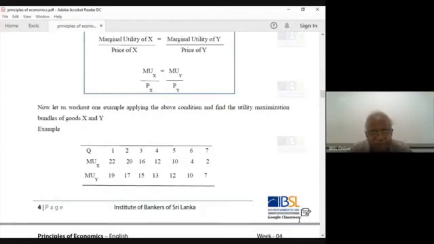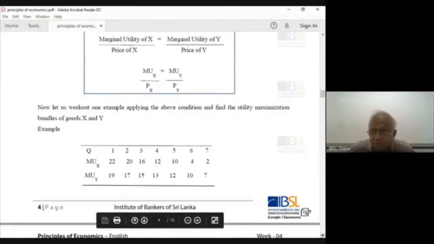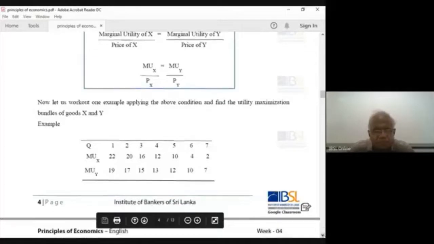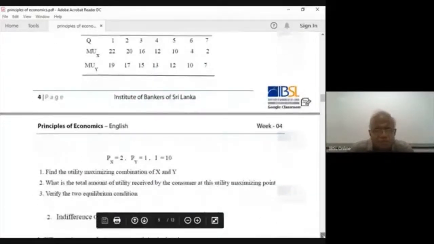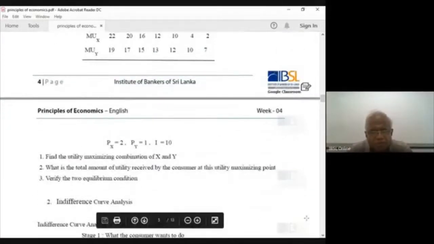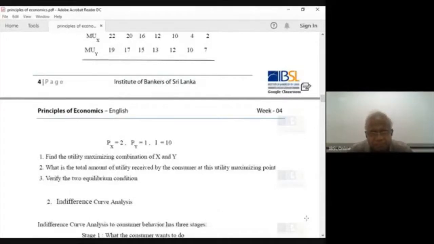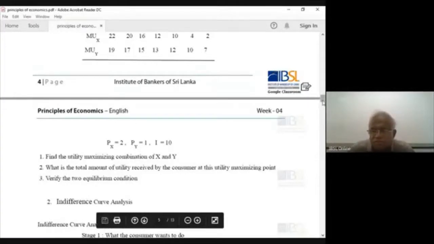Marginal utilities are there. Now, what are we supposed to calculate? Price of X is 2, price of Y is 1, and consumer's income I is 10. Now, what is the question?